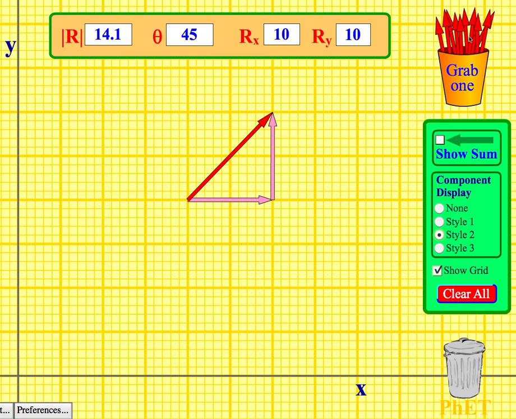Now, if you happen to add another vector in the mix and you want to see the combination of these, imagine, for example, you've got a boat going this way, but then there's a little bit of wind or current of some sort heading it this way.